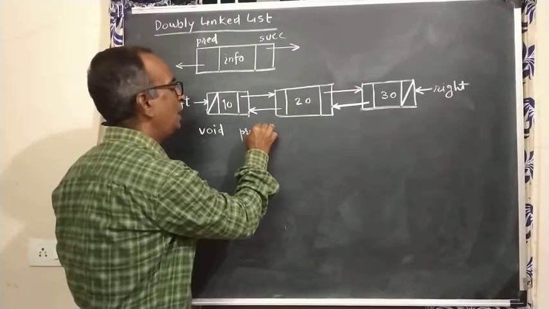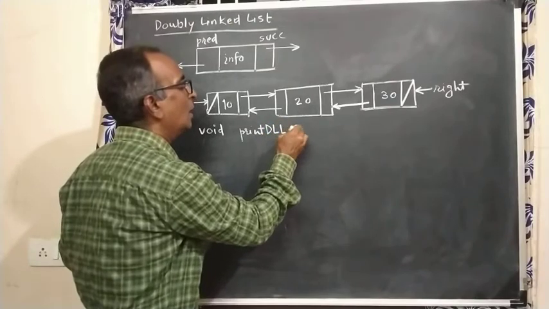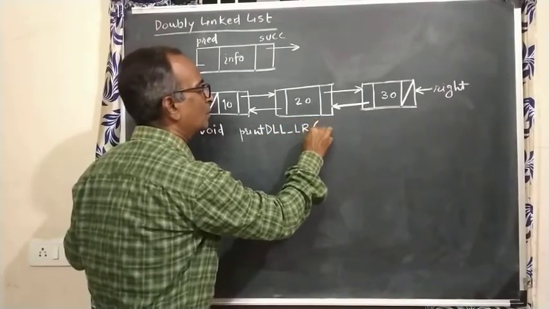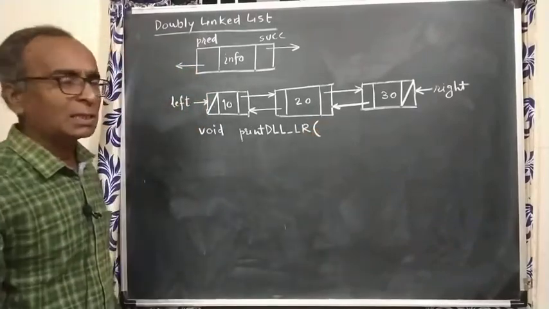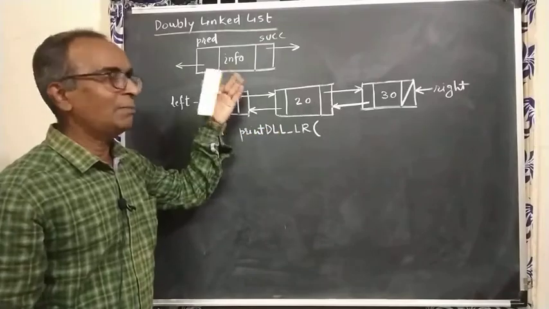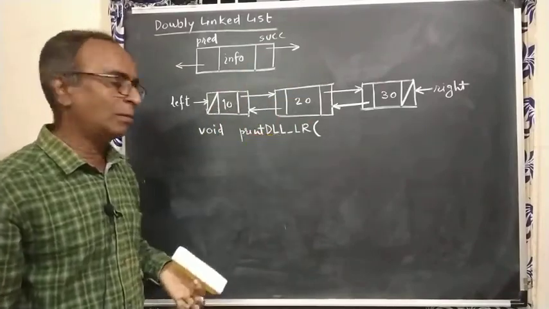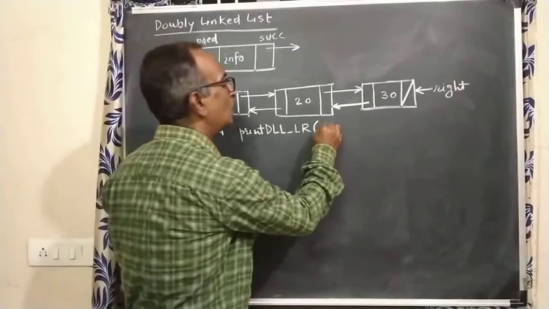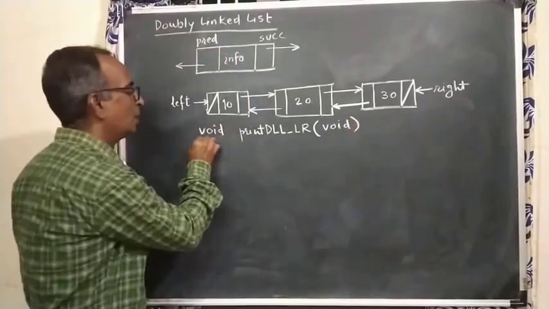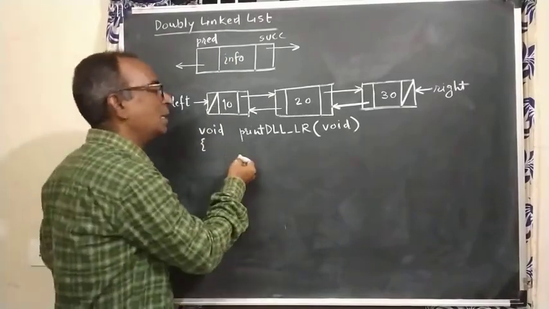I'll say printDLL, left to right. As I am taking left and right as global variables, both will be accessible to this printDLL, so this also won't take any parameters. Now the first thing you have to check is whether the list is empty.